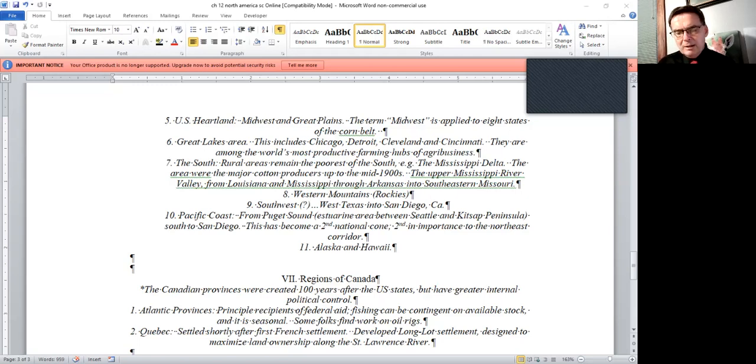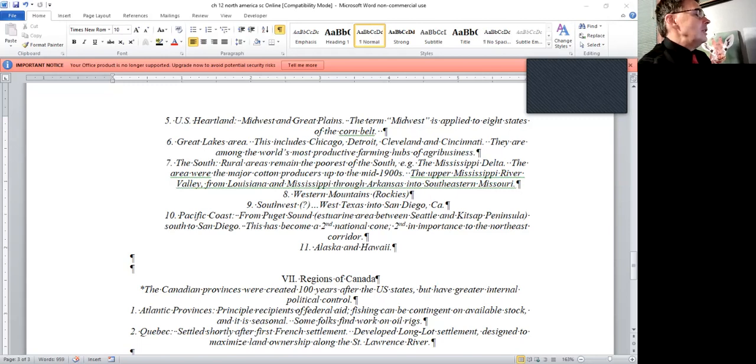Page 560 for, oh, you can see a lot of this too, the Appalachia area, the South, the Mississippi Delta, and for America's heartland, the agricultural regions, page 563. I want to make sure I had the right page numbers there. And then the upper Mississippi River Valley from Louisiana and up through Arkansas and southeastern Missouri would be considered the South as well.